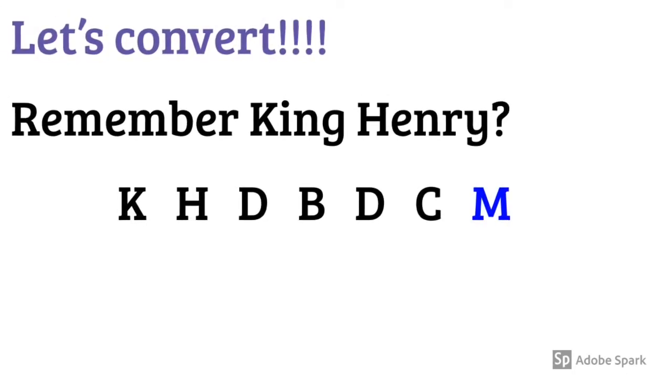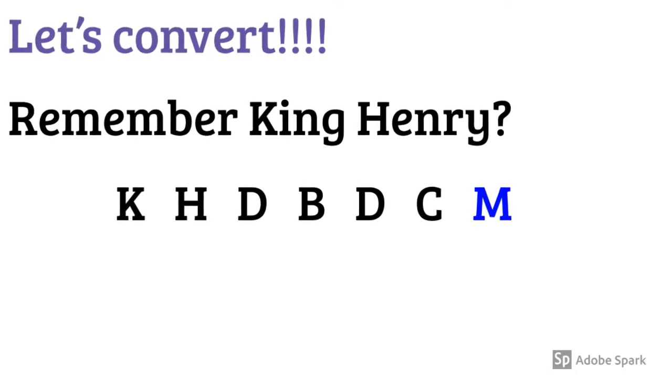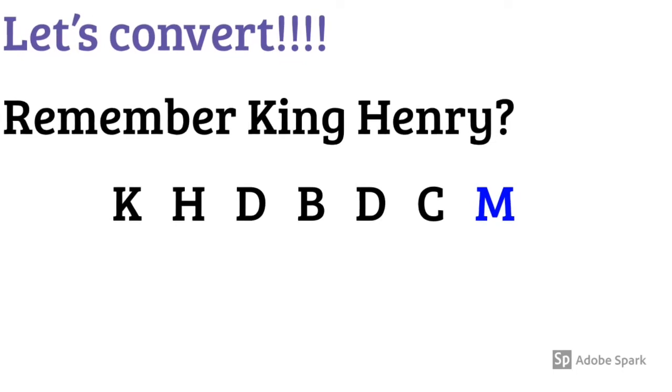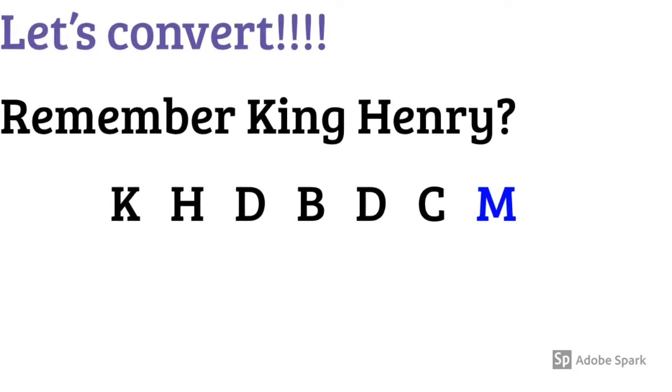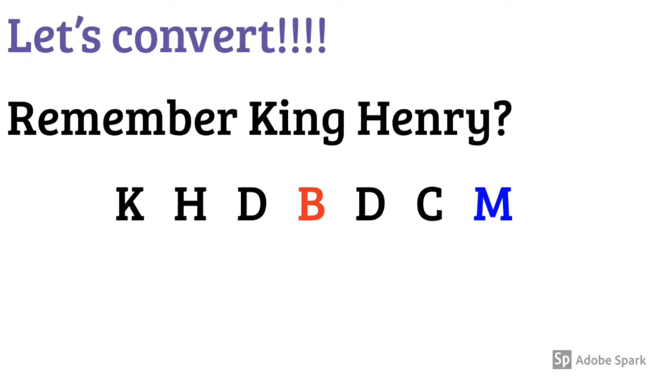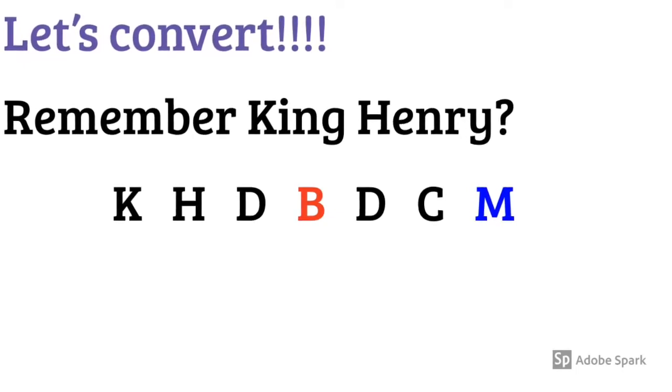Okay, there are 236.59 milliliters. So here's my M. I marked it blue. That's where we're starting. And I want to go to the base unit, which would be regular old liters.